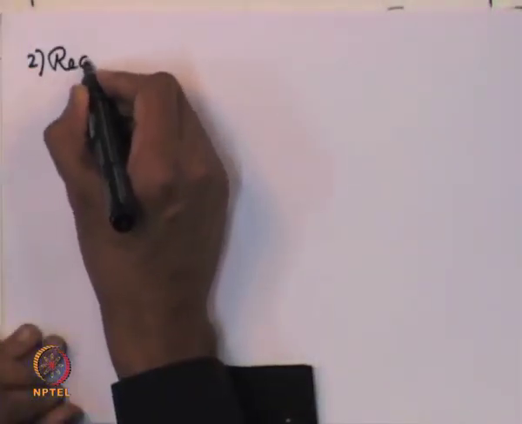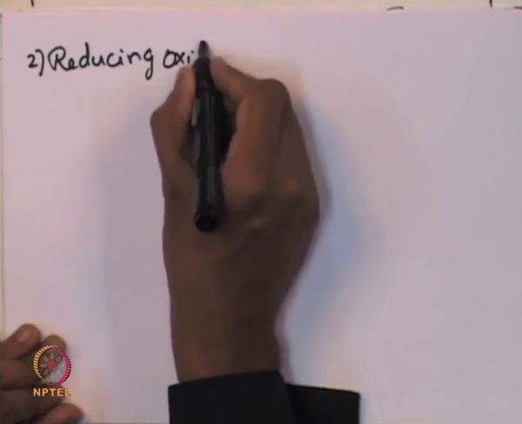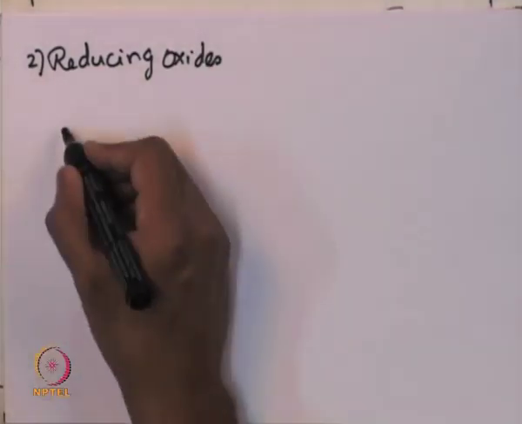Another example is where we have magnetite, which is Fe3O4, being reduced for the formation of the metal iron. So the second example is reducing oxides.